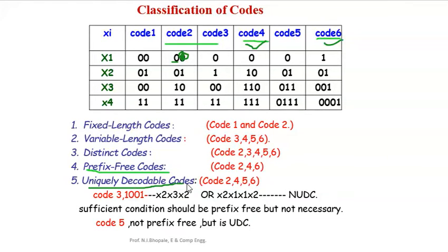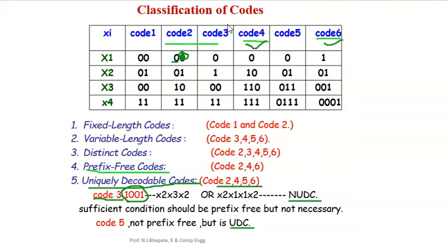Next is uniquely decodable codes. Codes 2, 4, 5 and 6 are called uniquely decodable codes, that is nothing but the UDC. Now let's see what exactly a UDC and a non-uniquely decodable code are. For code 3, let's say you want to pass the bit stream 1001.